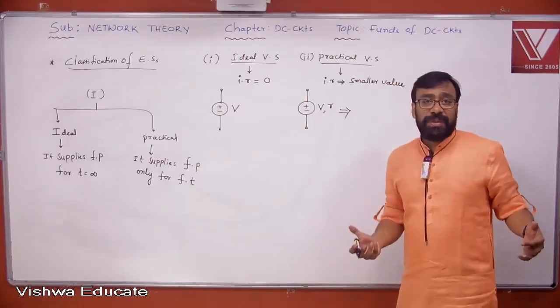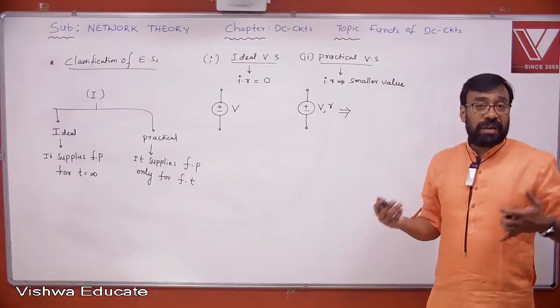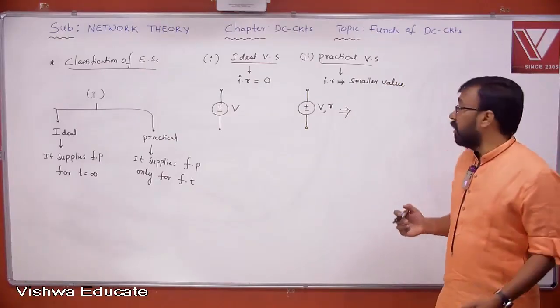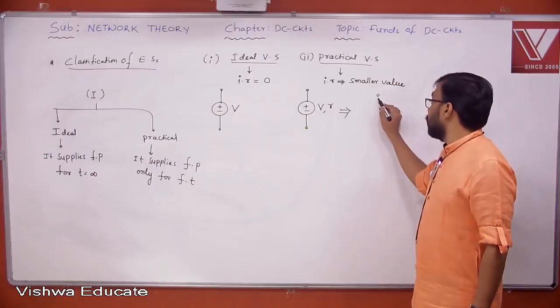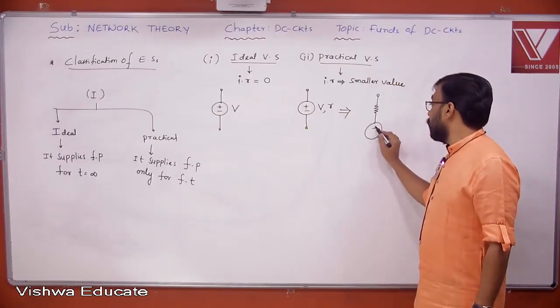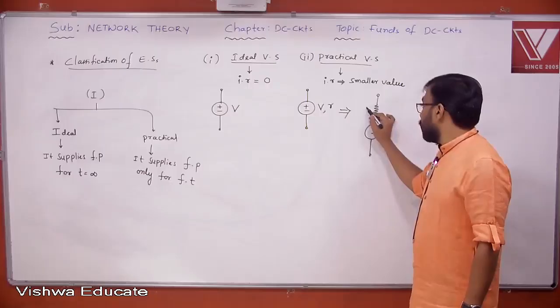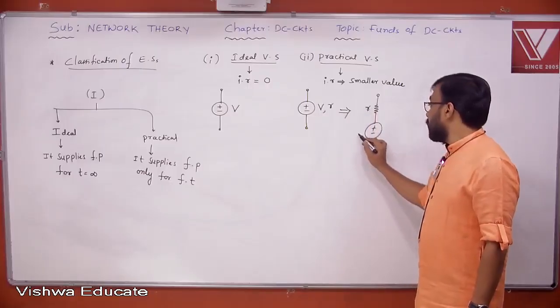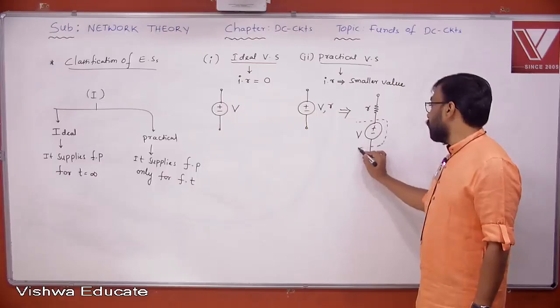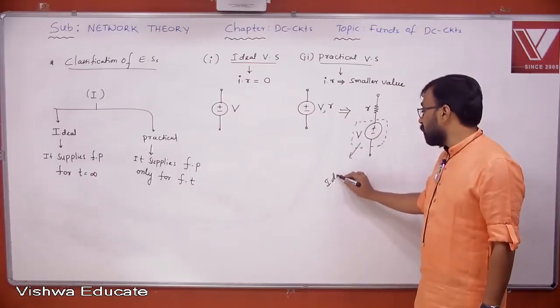Physically it is not possible to separate, but it is possible in the mathematical model, that is, it can be represented with a series resistor. Small r is the internal resistance. This is the capital V. Now what does this tell me? This particular one is now an ideal voltage source.